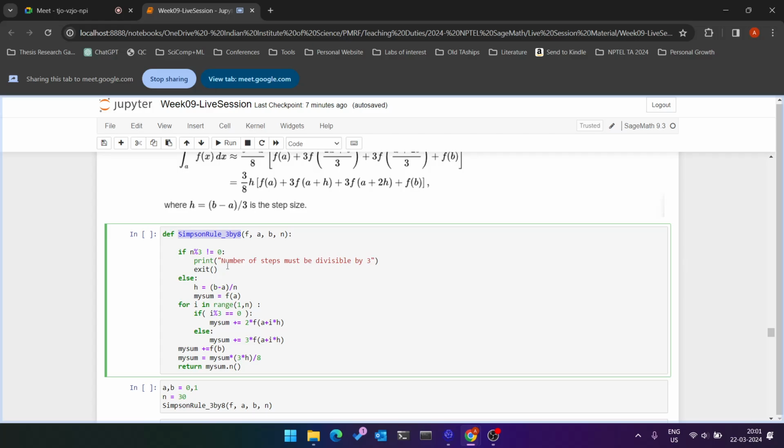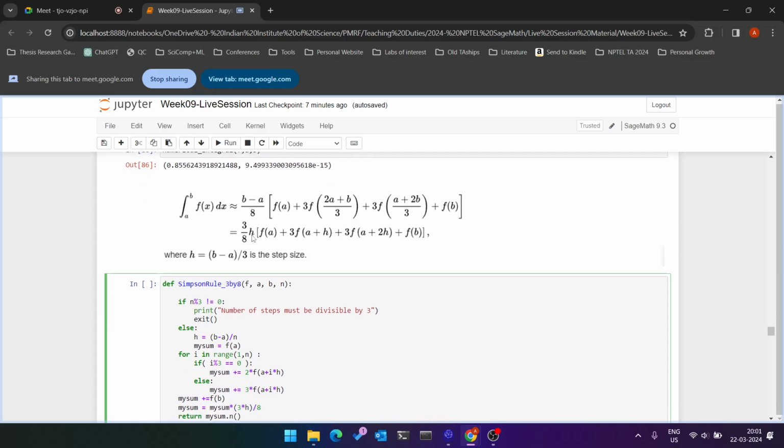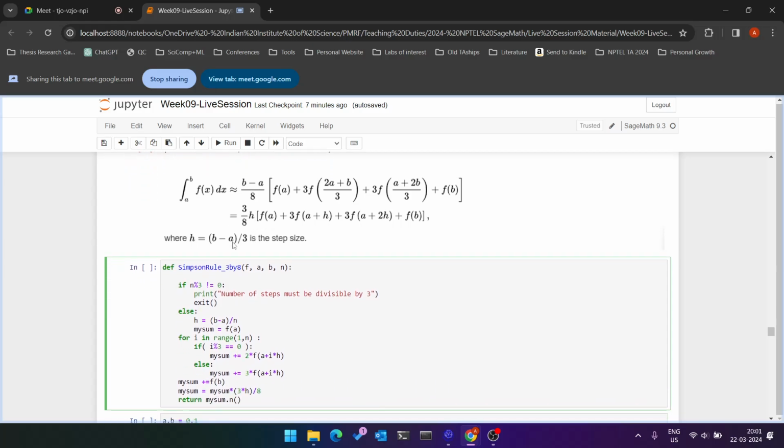I am directly writing the composite form, which takes 4 arguments: function f, left hand side limit a, right hand side limit b, and number of intervals n. Because in this 3 by 8 rule, the step size is defined as follows, any number of steps won't suffice. We require a number of steps which is exactly divisible by 3. So if that is not the case, we just print out the error and exit.